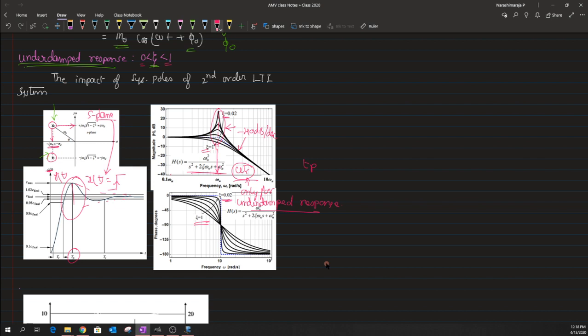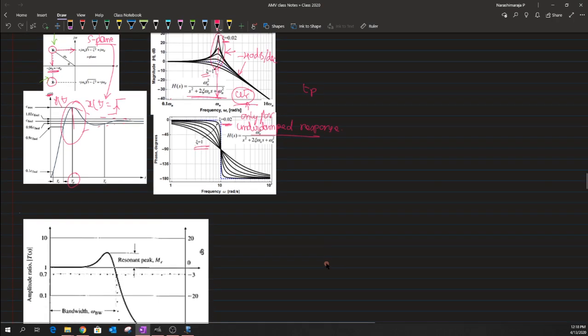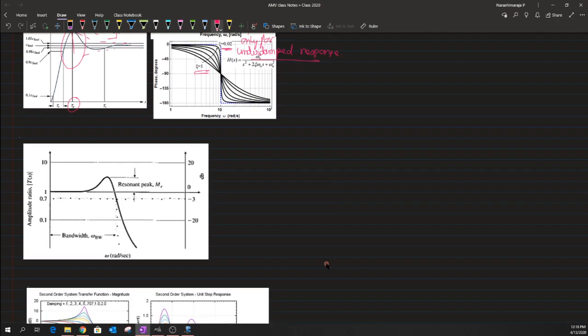And one could see that this resonant frequency is different from the 3 dB frequency, where the 3 dB frequency is measured at a frequency where the response is equal to 0.7, or reduced by 3 dB from our DC gain.